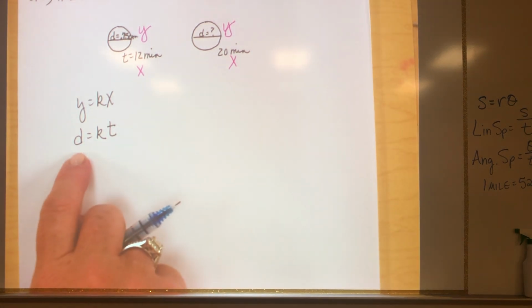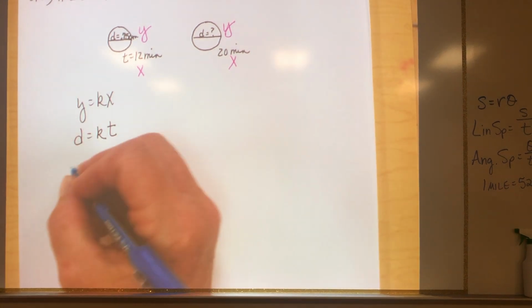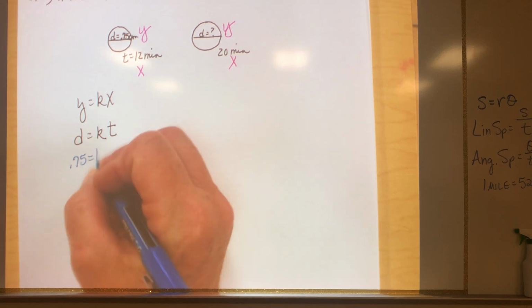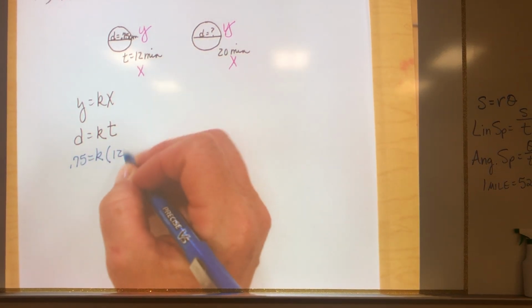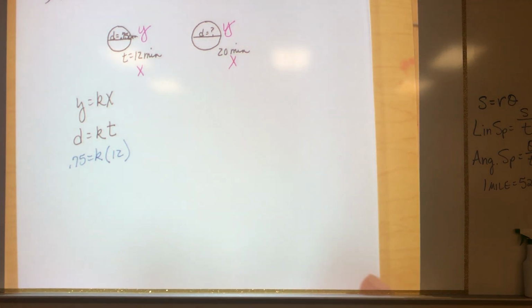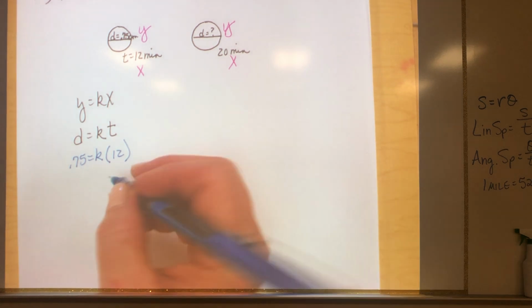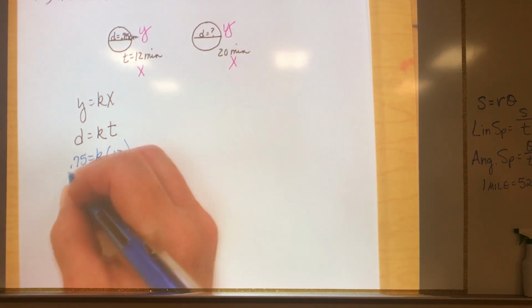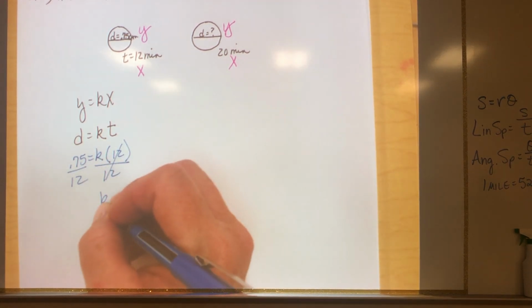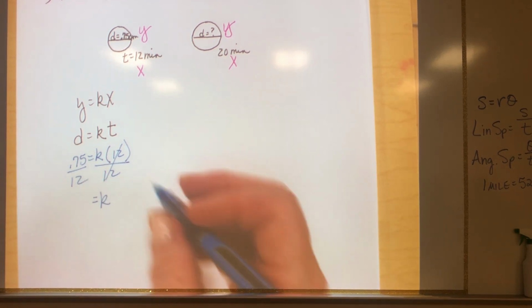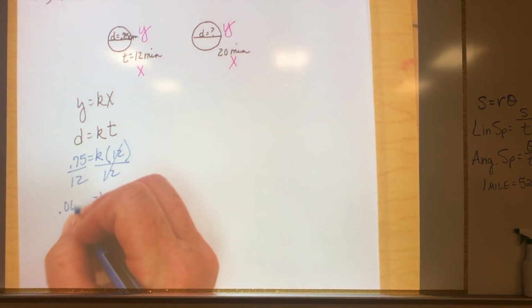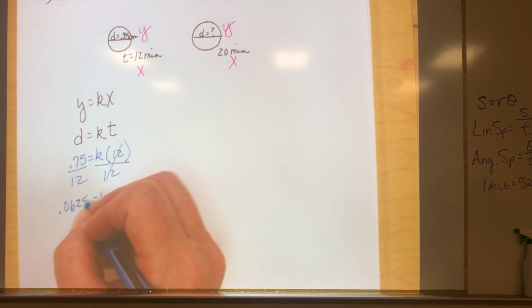What is the diameter that we know? 0.75 goes with K times the time, 12. Is this a real life problem? Yes. In real life problems, people just use decimals. So divide by 12 and K is equal to 0.75 divided by 12, which is 0.0625. Good job.